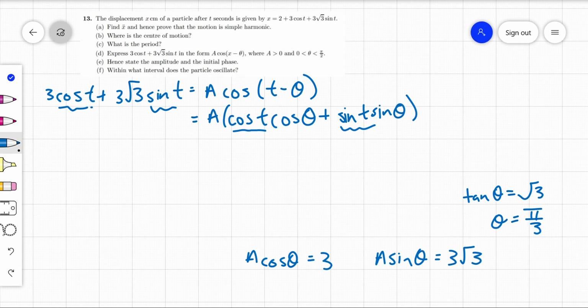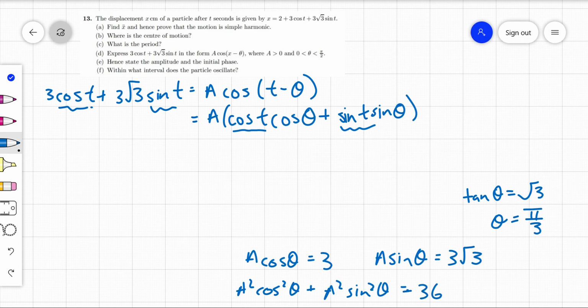We also know if we square both of them and add them together, so we've got a squared cos squared theta and a squared sine squared theta, gives us 3 squared plus 3 root 3 all squared. That's 9 plus 27, so that's 36.